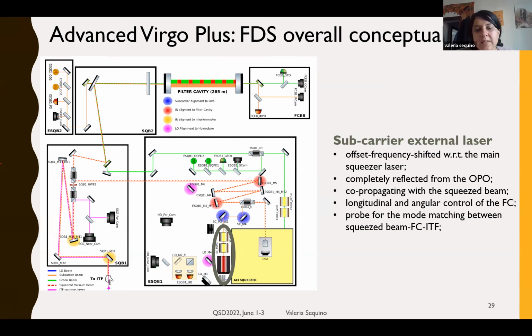This laser will go first inside the OPO and will be completely reflected by it, and this will help to make the beam co-propagate with the squeezing beam.